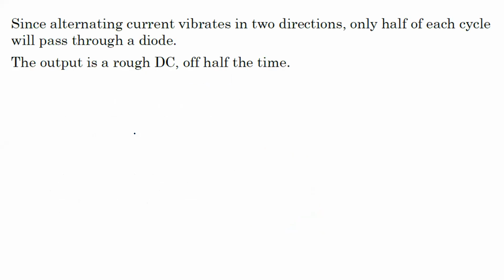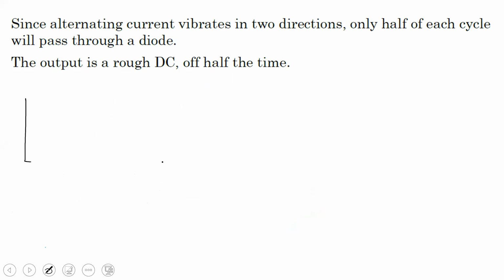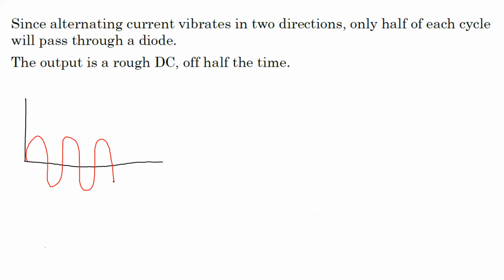the alternating current, as we said before, this is the alternating current. It has two directions. So the alternating current vibrates in two directions.